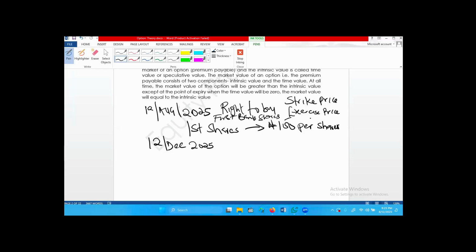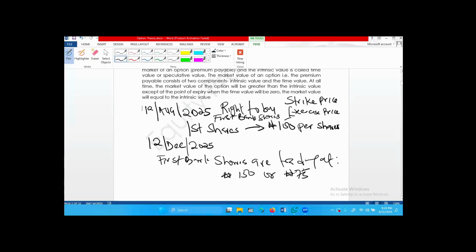Assuming that on getting to 12th December 2025, First Bank shares are trading at 150 or 75 naira.